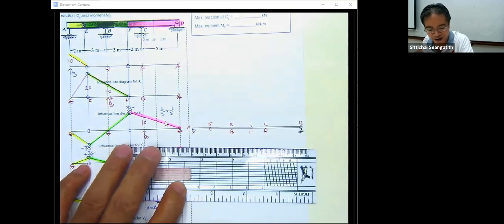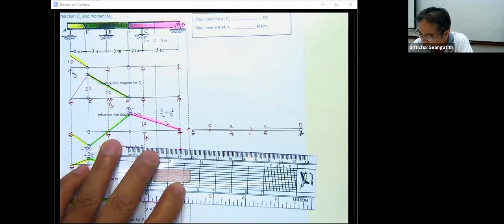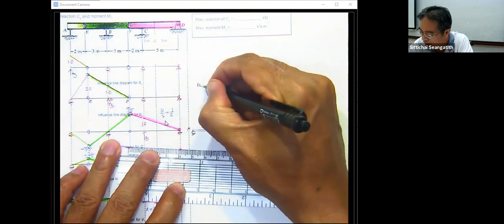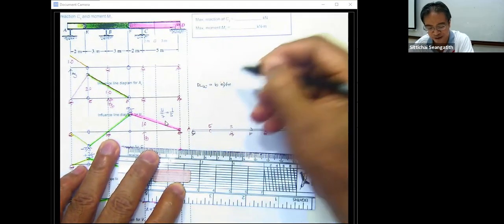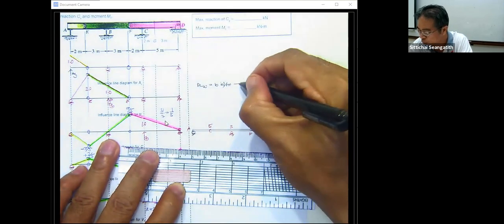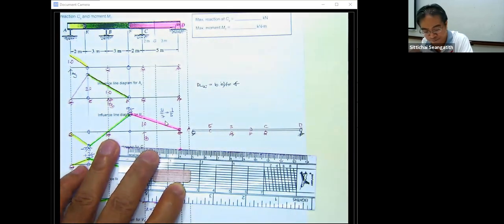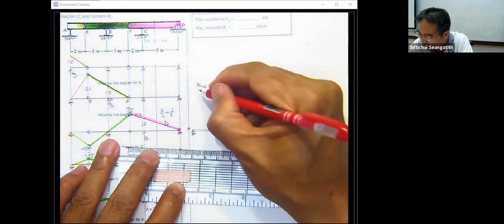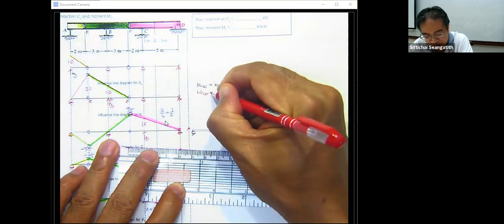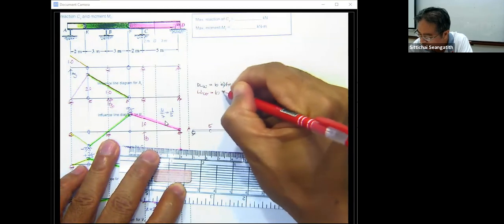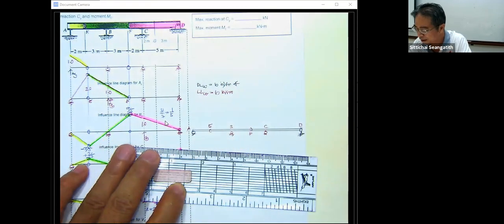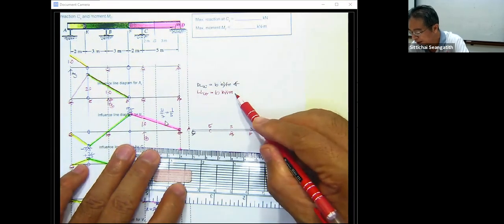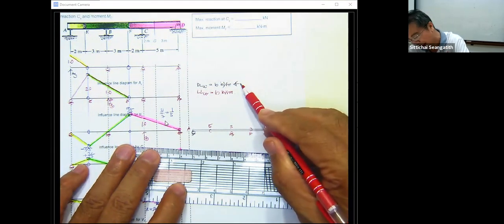Okay, let me have the dead load uniformly distributed at 10 kilonewton per meter. That is the self weight of the beam. And then let me have the live load that's uniformly distributed, again 10 kilonewton per meter. This is going to be along the length of the beam.